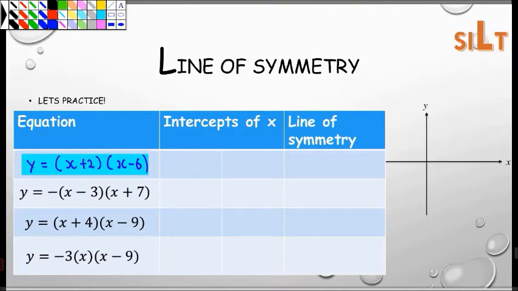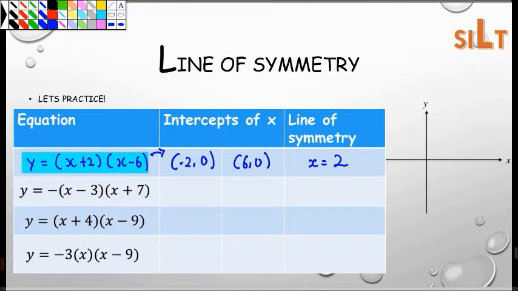Practice time. We see that earlier on from the first example, the x-intercepts are -2, 0 and 6, 0, and we say that the line of symmetry is x equals 2. Pause the video now and try the 3 examples.